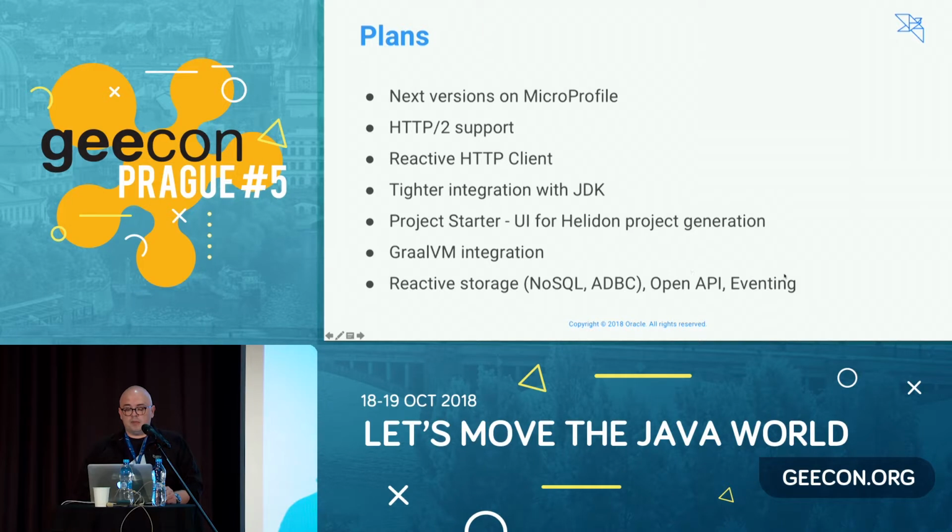And here are more things we are thinking about in this direction. So it's mainly reactive storage, NoSQL, ADBC, OpenAPI support, not only the MicroProfile way, we have other thoughts in our heads, and eventing.